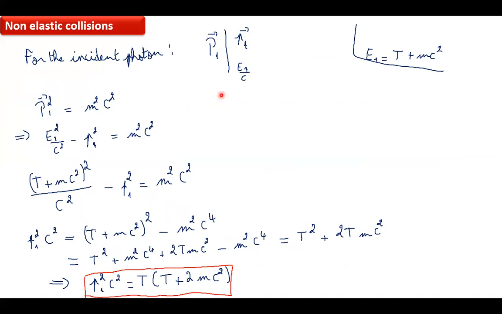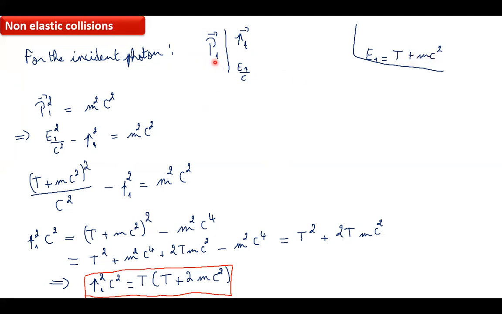Let's now consider only the incident proton, proton number 1. The four-momentum P1 is formed by the 3D momentum P1 plus the time coordinate E1 over c. E1 is the kinetic energy of this incident proton plus its rest energy mc squared.